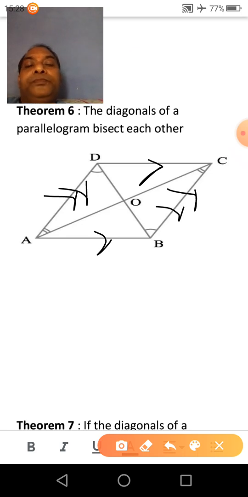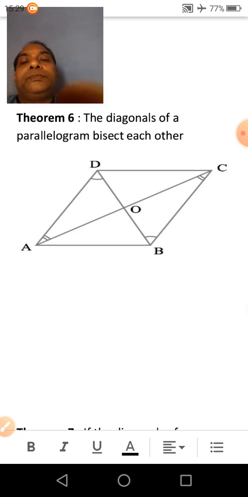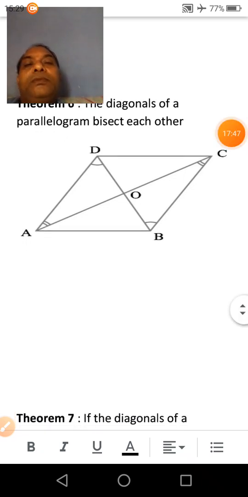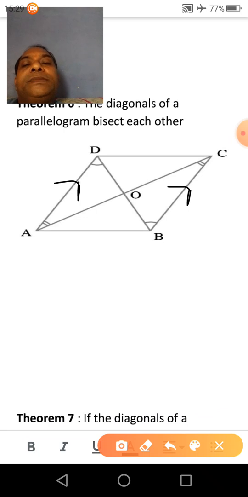So now, because ABCD is a parallelogram, AD will be equal to BC and parallel, then AC will be its transversal because AD is parallel to BC. So this angle will be equal to this one.